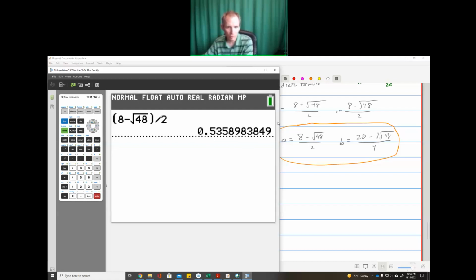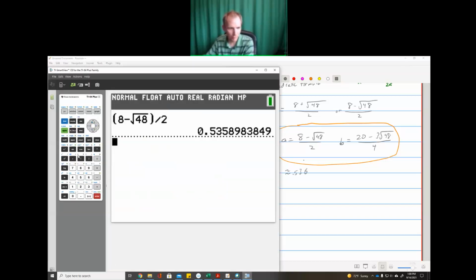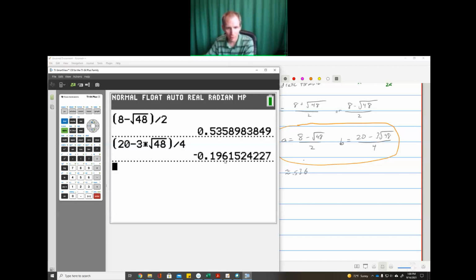So my A value is approximately 0.536. My value for B is 20 minus 3 times the square root of 48, all divided by 4. And I get negative 0.196.